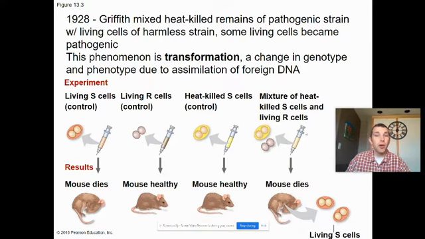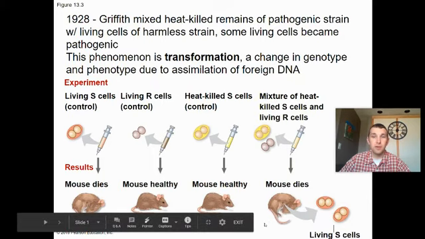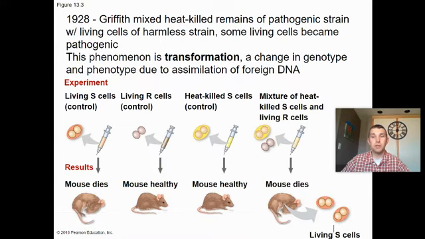And something occurred there that caused the mouse to die, so that those R cells that were non-pathogenic became pathogenic S cells. So something about those dead or heat-killed S cells was still useful and still what we call transformed those R cells.